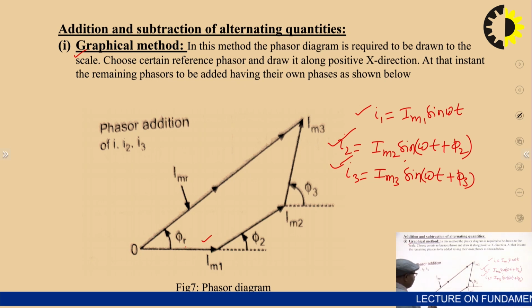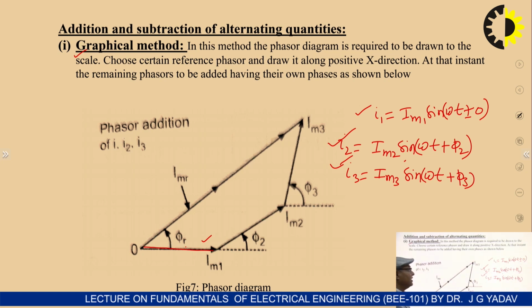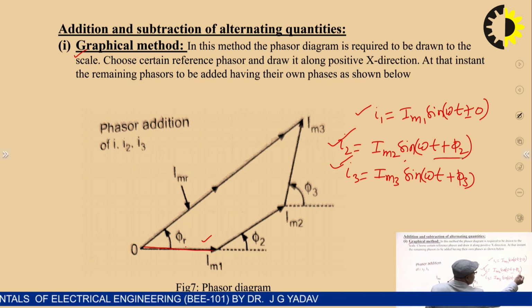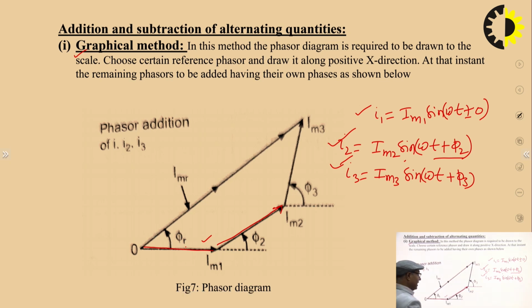We take the first quantity as reference because its phase angle is 0, there is nothing plus or minus, so it lies along the x axis. For the second AC quantity, the phase angle is positive, which means above the x axis. This is I2, and this is the same x axis.